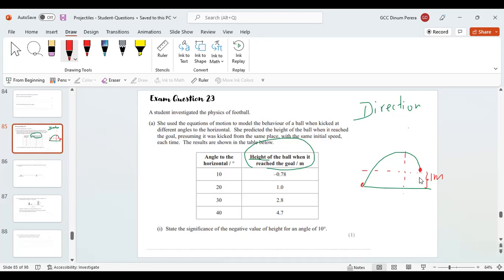We need to be very careful when you write. I have checked your answer scripts, not yours, as in students' answer scripts. And when students are wondering as to why they do not get marks for their answer, one of the main mistakes that I found was the words that they have used.